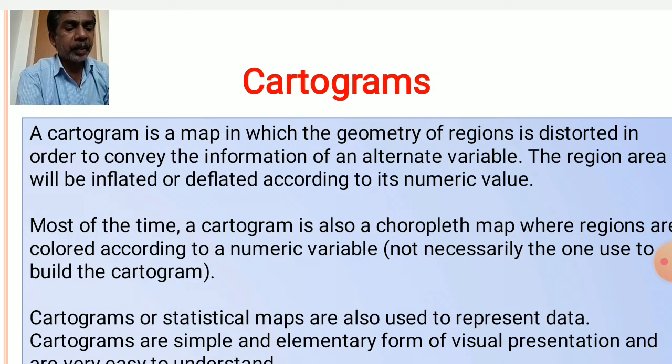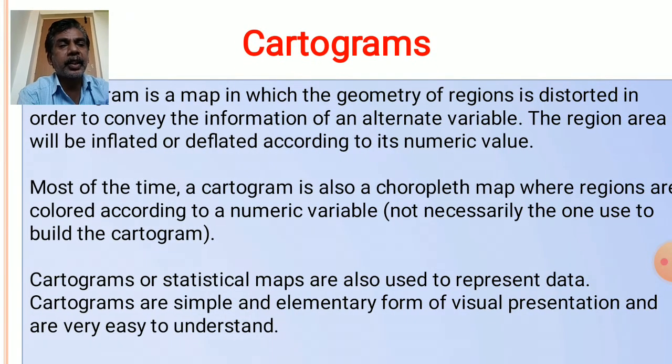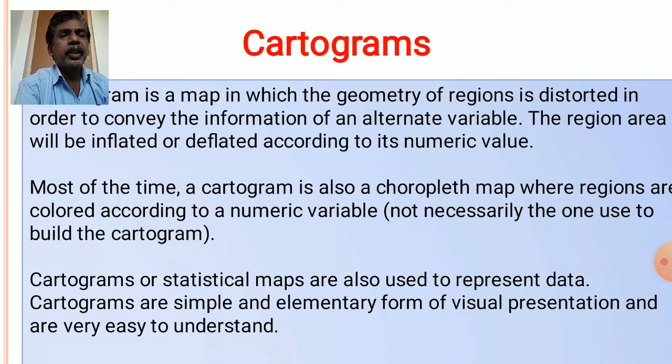It is a map in which the geometry of the regions is distorted in order to convey the information of an alternate variable. So it is a map because the data is shown using the map.